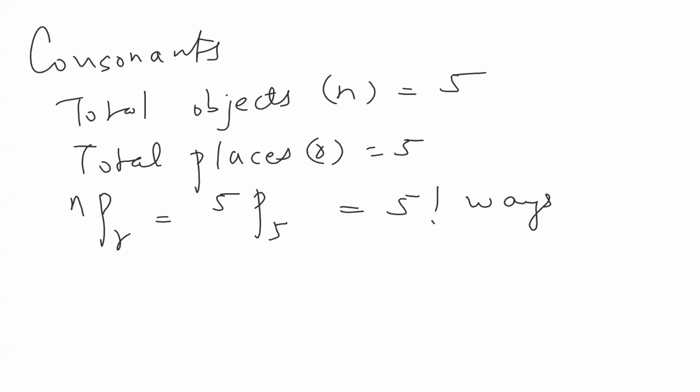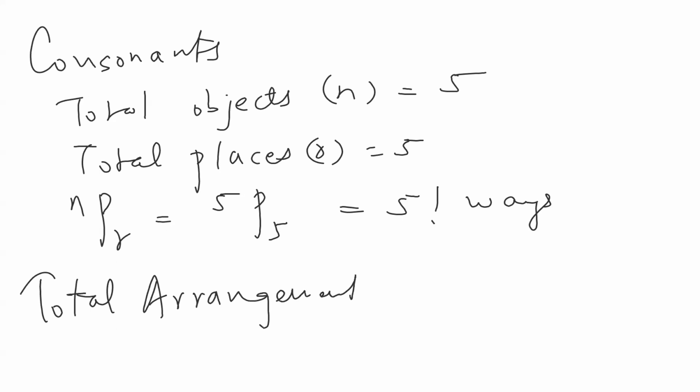Understood? Yes. So the total arrangements for the first part of the problem is equal to 6 into 5 into 4 into 5 factorial.